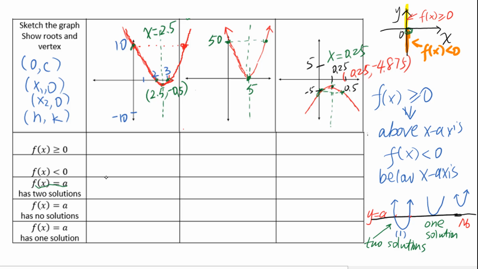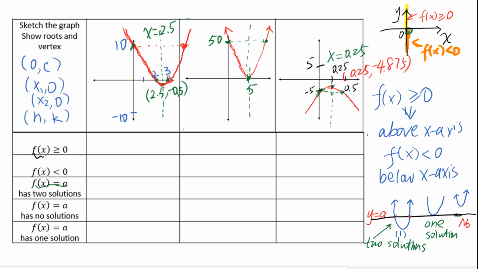The second quadratic function has one solution because the graph of the quadratic function intersects y equals a once. For the third quadratic function, there is no solution because y equals a and the graph of the quadratic function have no intersection.